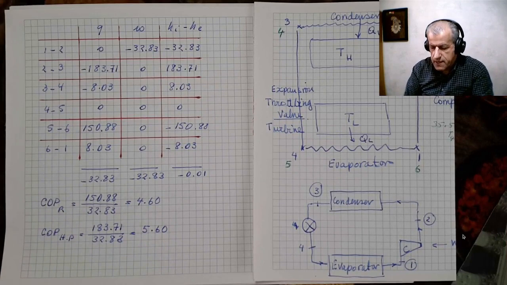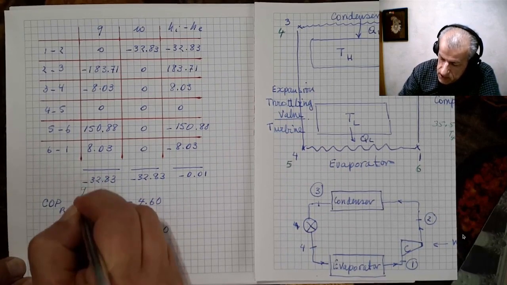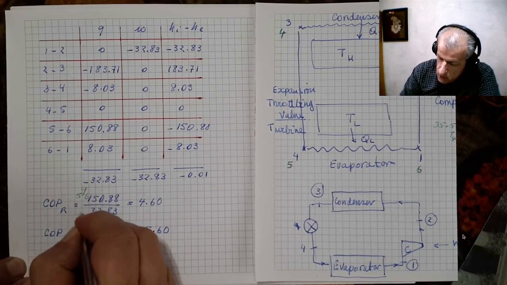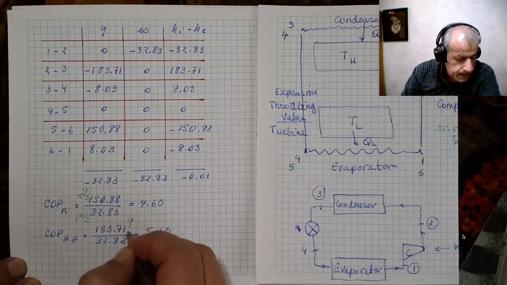You see, this value is Q56, this is W12, and this is Q23.